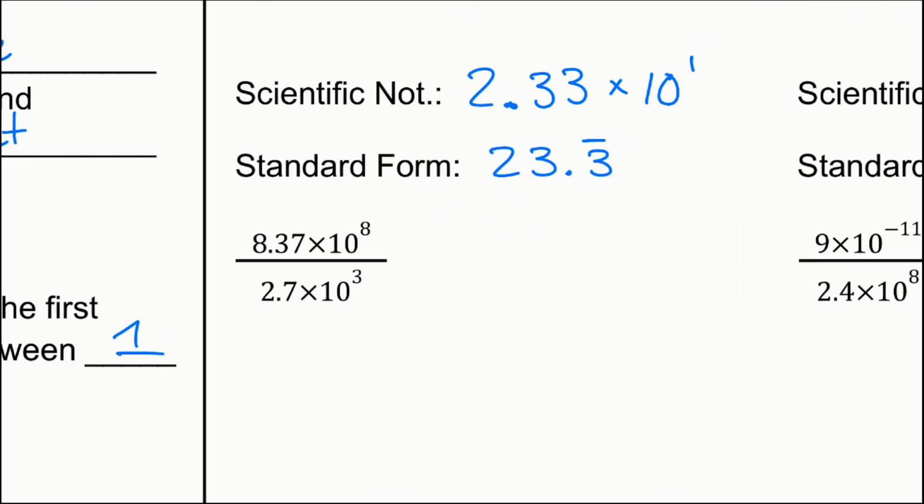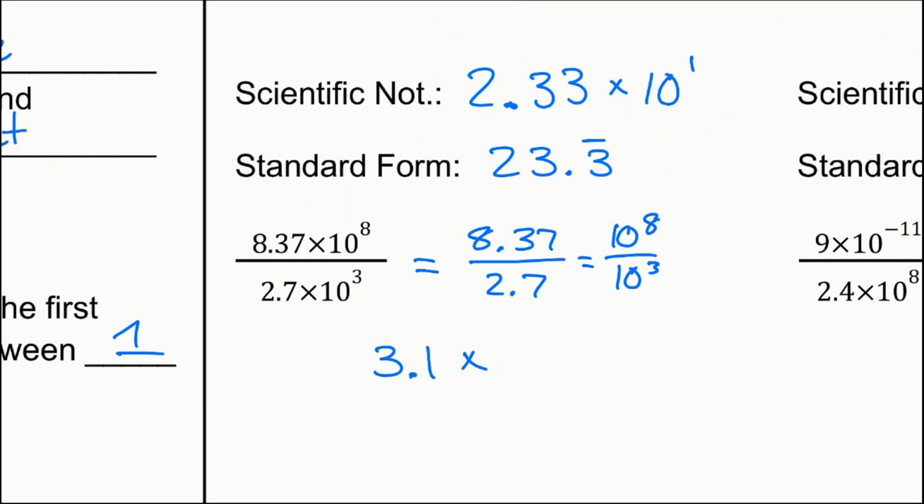Okay, next one. Again, I'm going to separate these. And then I'm going to divide 8.37 by 2.7. That's going to give me 3.1, which is good. That means it's already going to be in scientific notation.